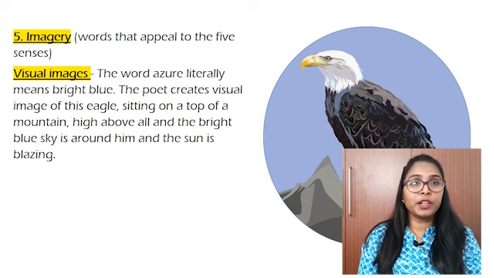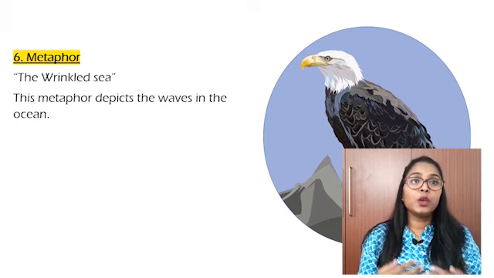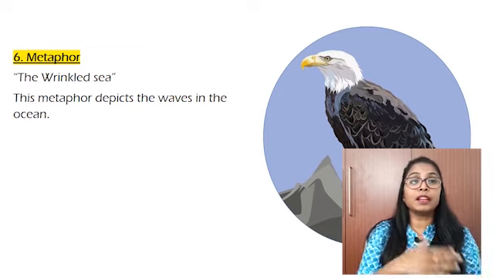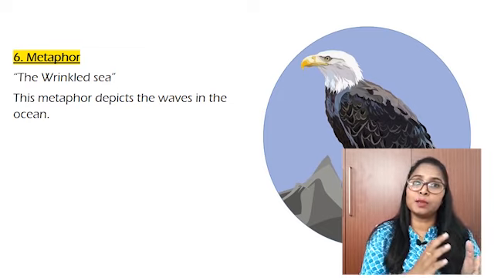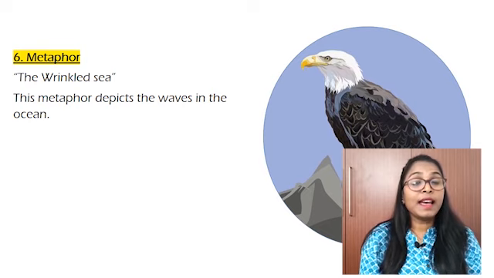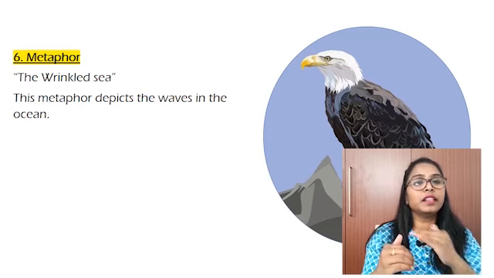Now, a very important literary device used in the poem is metaphor. Now, what do you mean by metaphor? Metaphor means when you use something to describe another thing, right? जब आप किसी चीज़ को use करके किसी और चीज़ को describe करते हो, that is called metaphor. And in our poem, the poet is using the phrase, the wrinkled sea.